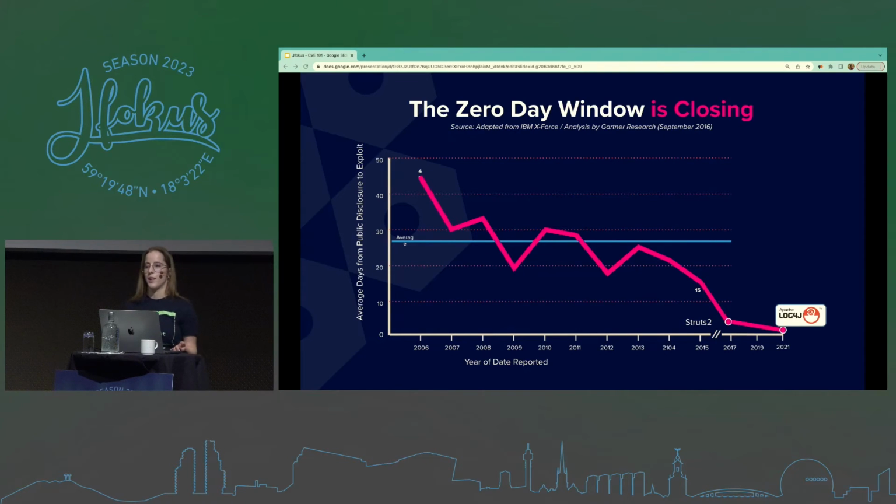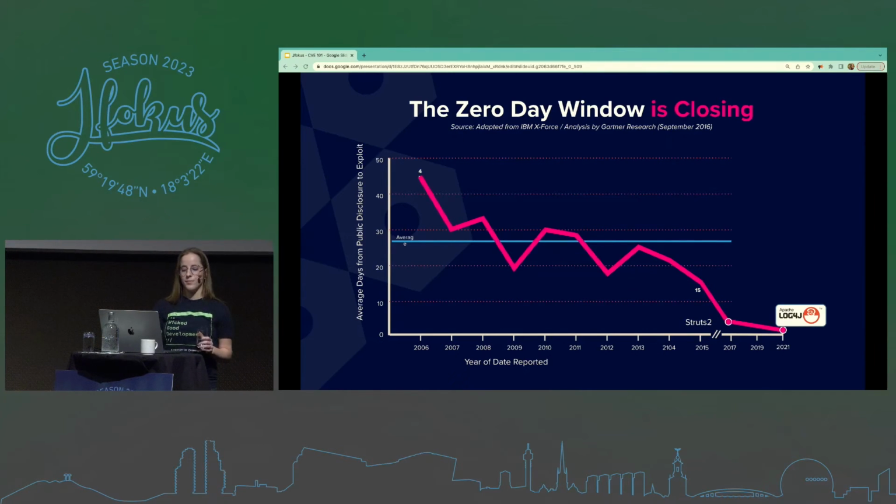On average, there used to be about 30 days between when a fix might come out for a vulnerability and somebody would actually try to exploit it. But these days, it's more like a few minutes from when something is publicly disclosed.